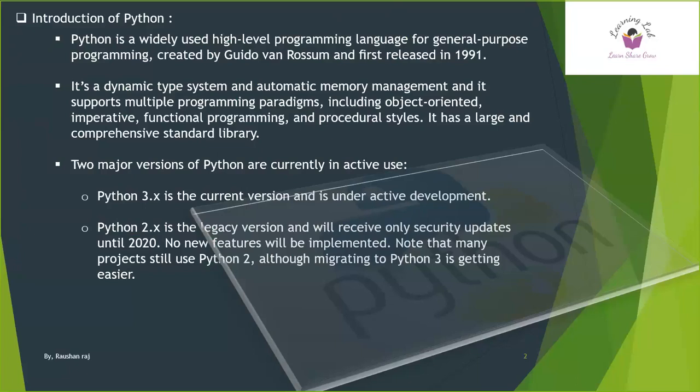Now we are not getting any major updates on Python 2.x, just some security updates until 2020. After that they will not support Python 2. They have given some tools so you can migrate your Python 2 scripts to Python 3. Okay. So that's all about the versions available in our market regarding Python.